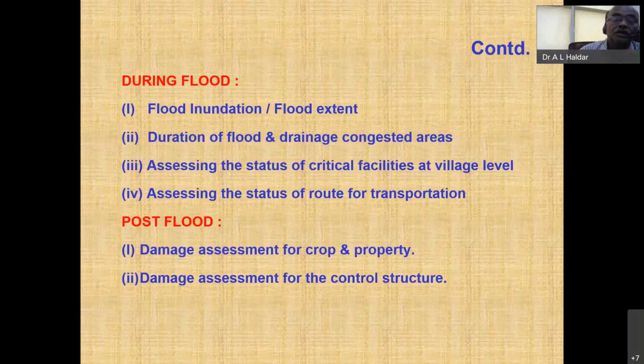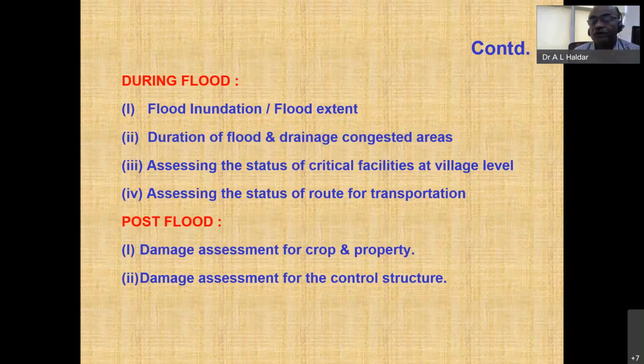During the flood, what will we do? You have to map flood inundation and flood extent, because at that time, during the flood, you cannot get optical data, you have to depend on radar data. And obviously, India is very much independent in having this type of data. But not only that, plan for other purposes also.